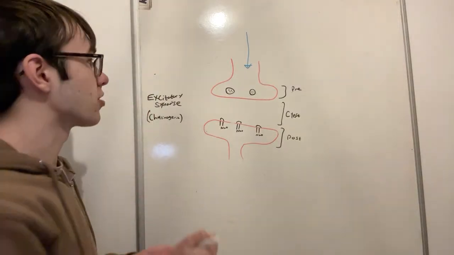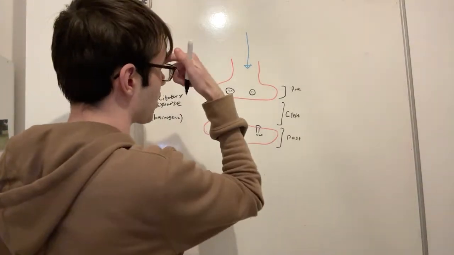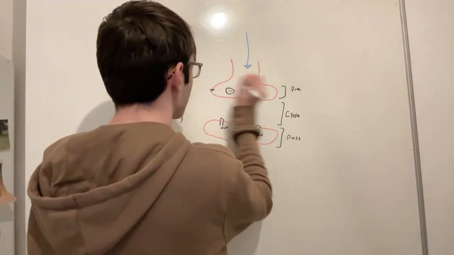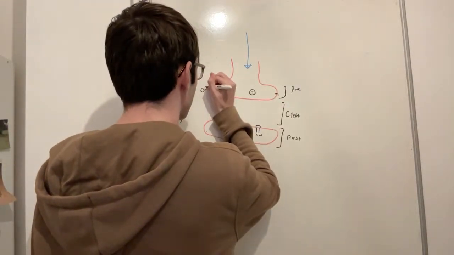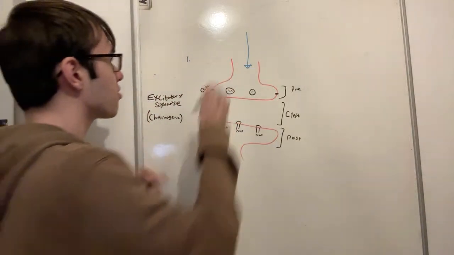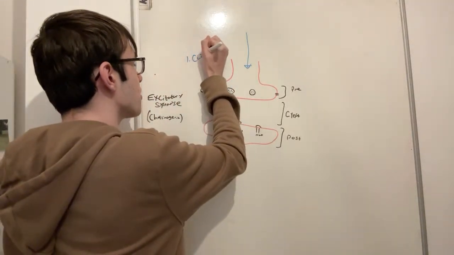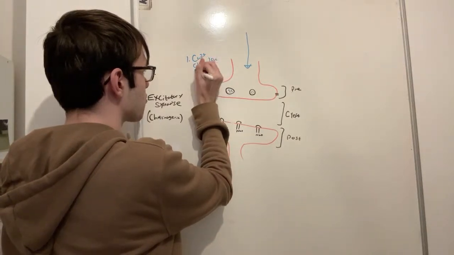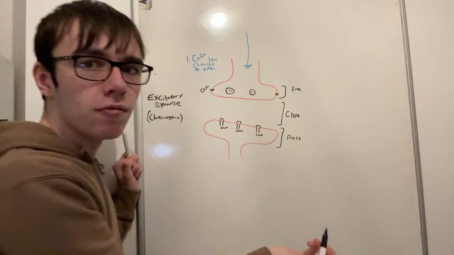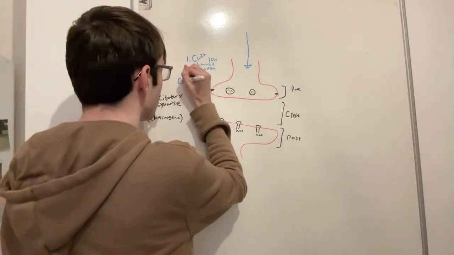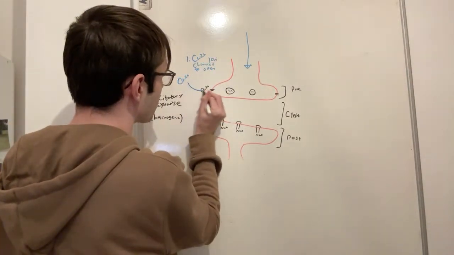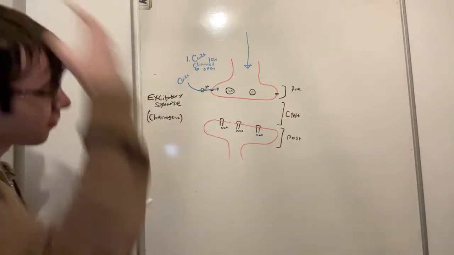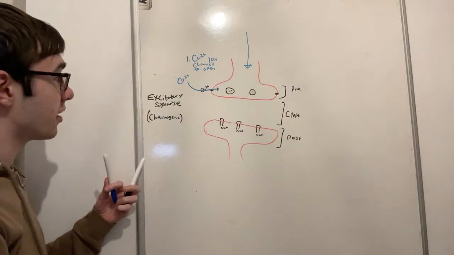And when the action potential arrives, the first thing that happens is it causes Ca2+ ion channels to open. Because they've opened, Ca2+ ions are going to diffuse into the presynaptic neuron. And that will probably give you a mark point in an exam.